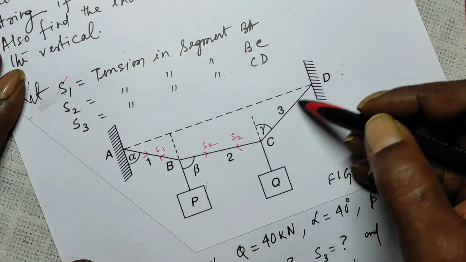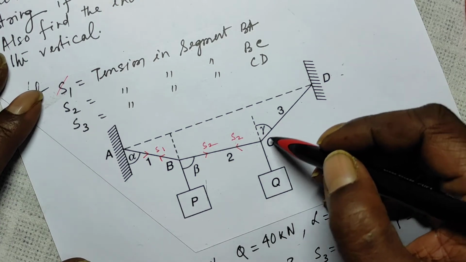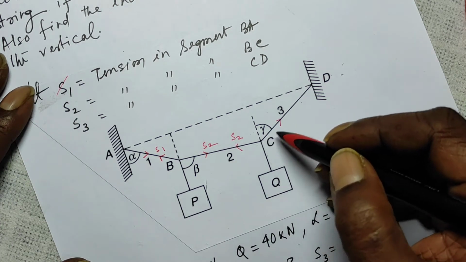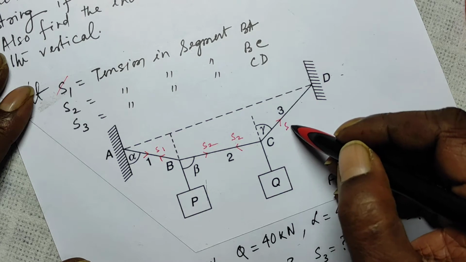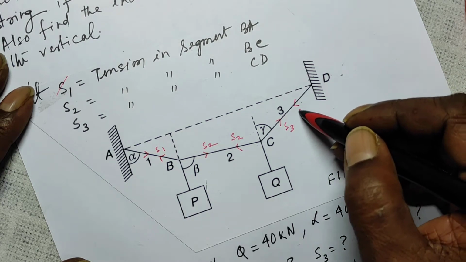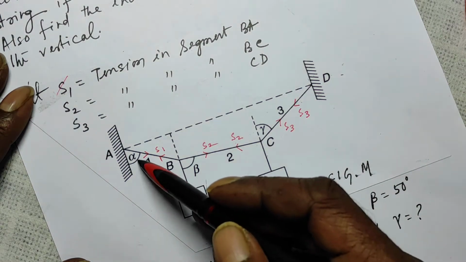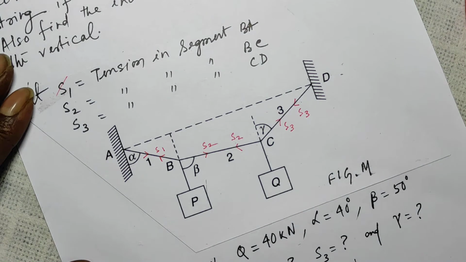And for this part CD, let the tension be S3, away from point C, and at the other end to this side, S3. And this is alpha, this is beta, this is gamma.